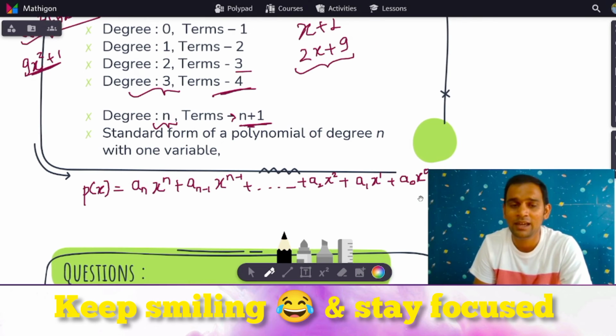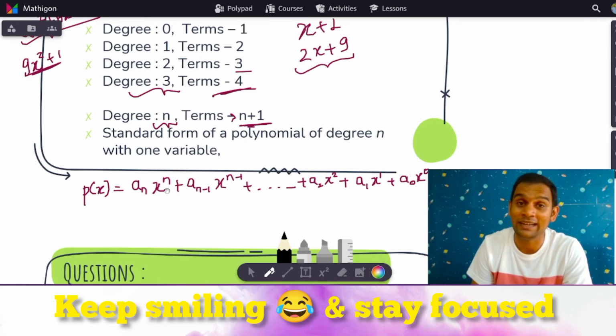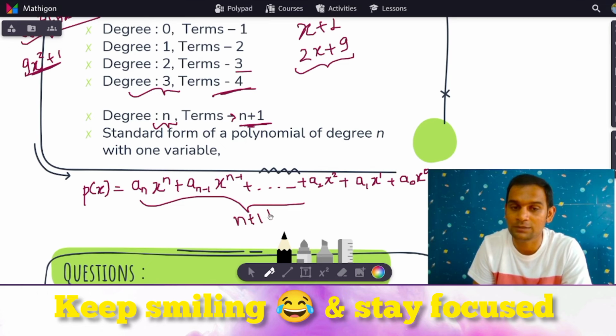I hope that makes sense. This is the standard form of a polynomial with degree n. How many terms will it have? It will have n plus 1 terms in total.